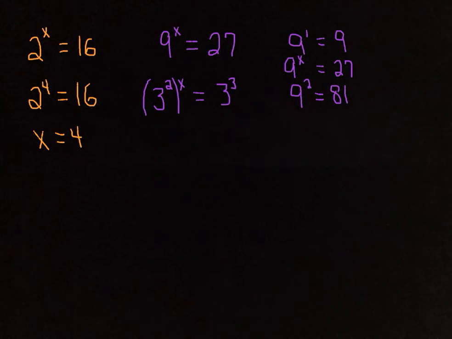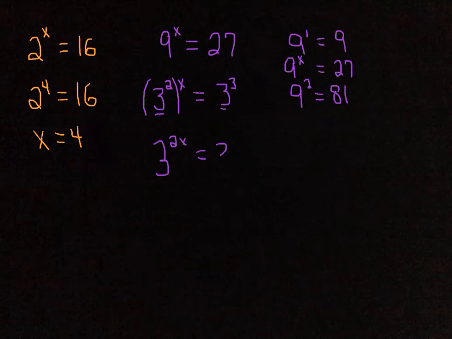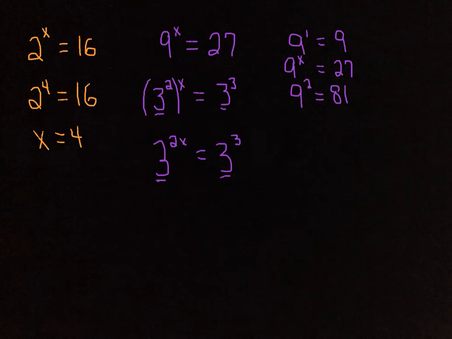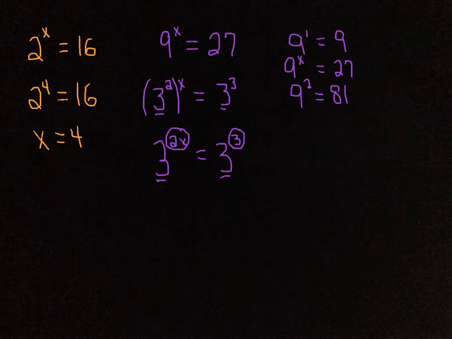You're going to be looking for the same prime factor number on each side of the equation. Now, power on power, multiply. So that's 3 to the 2x is equal to 3 cubed. Now, when you have the same base number, there is a property of equality for exponents that says if you have the same base number and they're equal, then these exponents must be equal to each other.